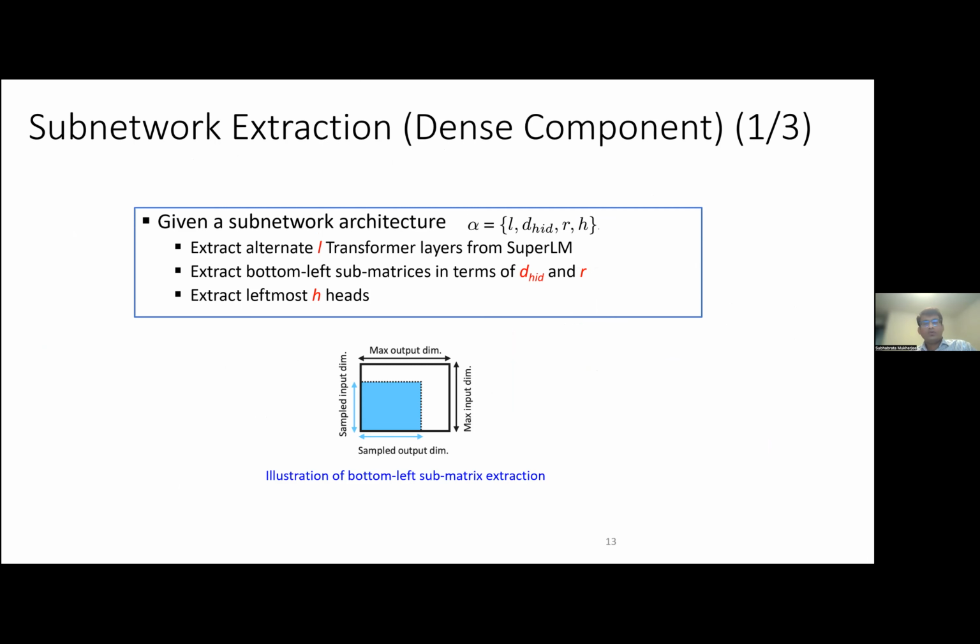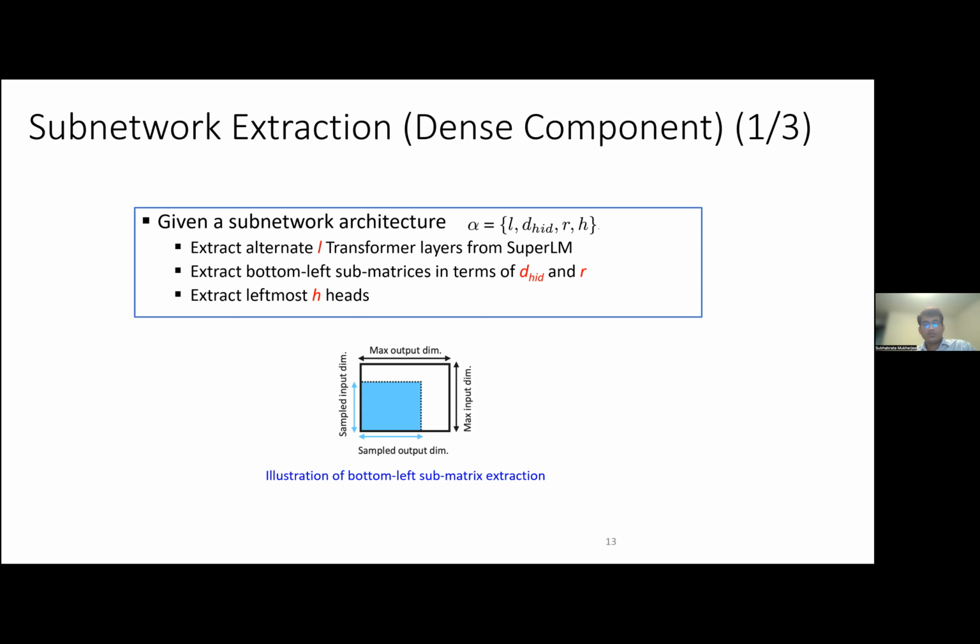A very simple way to do that would be by truncation. Suppose the embedding size of the super language model was, say, 1024, and you decided to extract a subnetwork with embedding size 512. You would retain the first 512 elements from the left of the corresponding matrix of the supernet. And similarly this would apply for the number of layers as well.